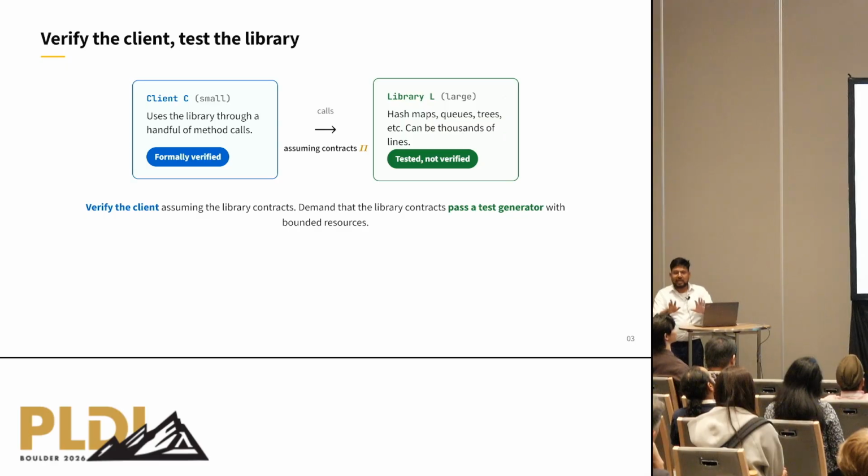In a nutshell, this is the one-liner of the entire work. Our argument is that you verify the client and you test the library. Let me say that one more time. You verify the client, but you test the library. Let's look a little into what this means.